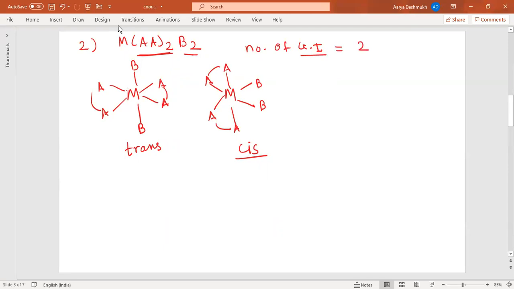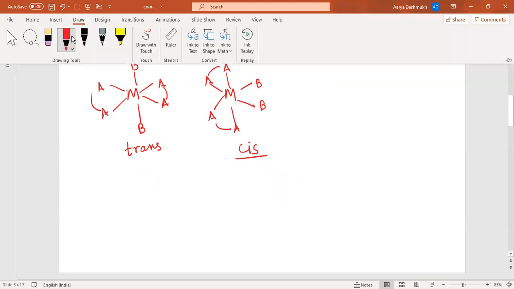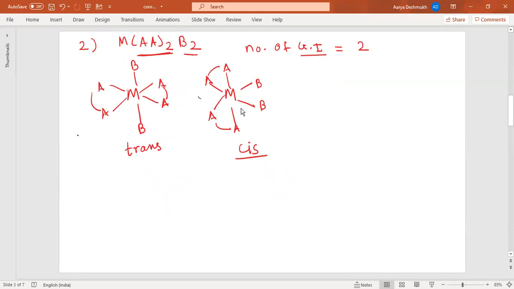And again, you'll have to find out which one will show optical isomerism. Now in this case, if you cut this molecule through another plane, like this.